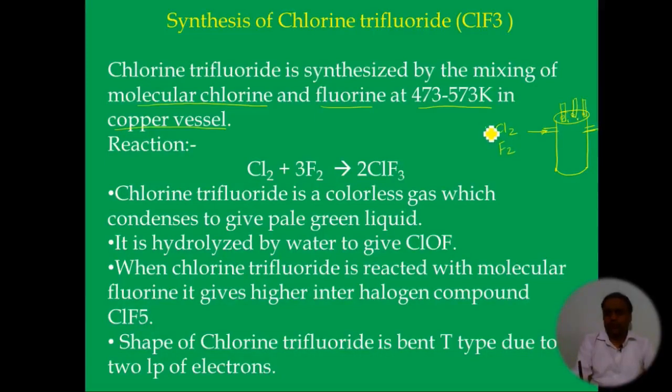They are mixed in a 1:3 ratio, so 1 chlorine and 3 fluorine are mixed and passed over copper. This vessel is made up of copper.